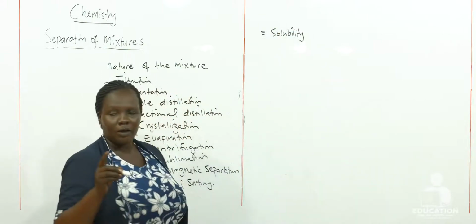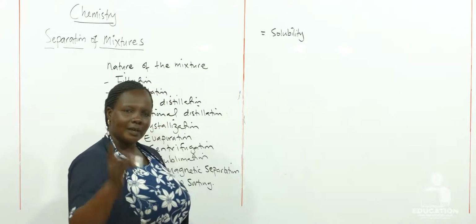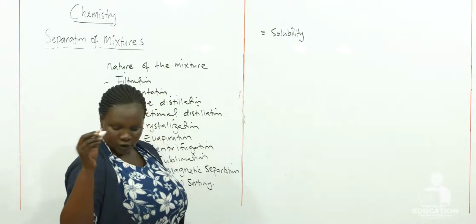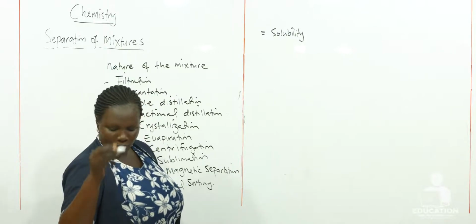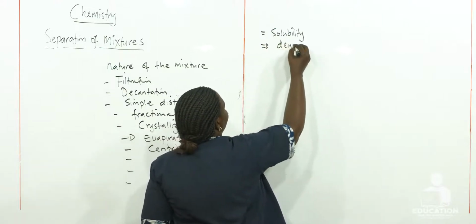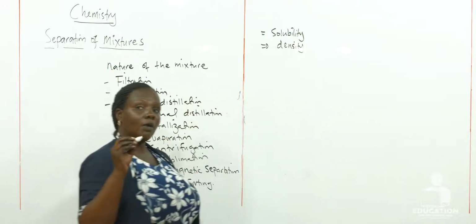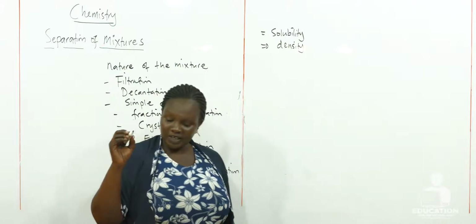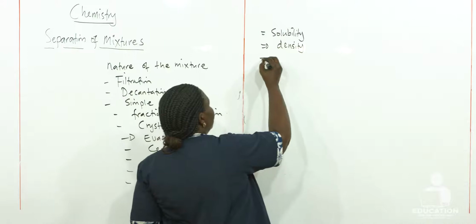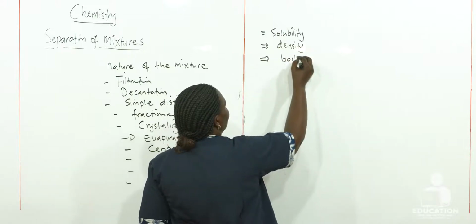When we talk about solubility, we refer to whether the substances in the mixture are soluble or insoluble. We also look at density. That is the amount of matter in the substances that is present in the mixture. Then also another determining factor is the boiling point.